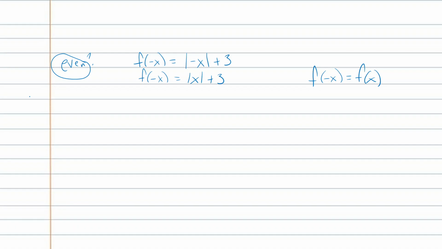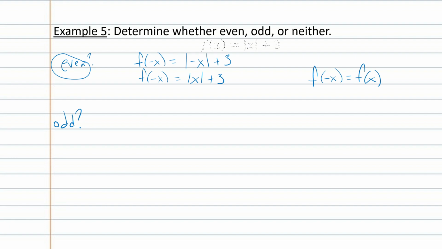You could check if it's odd as well, right? So in order for us to check that it was odd, we would have to make both negative, which means that we would essentially treat the f of x like a y. So here it would be negative f of negative x equals the absolute value of negative x plus 3, which means that negative f of negative x equals the absolute value of x plus 3.